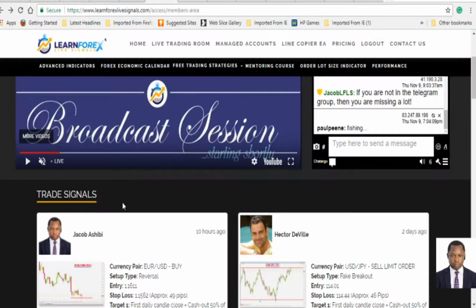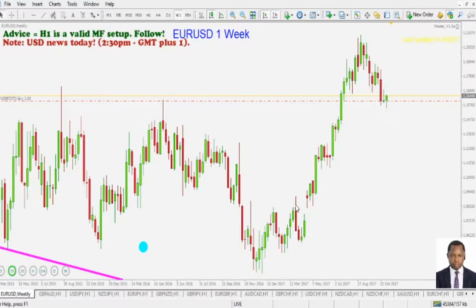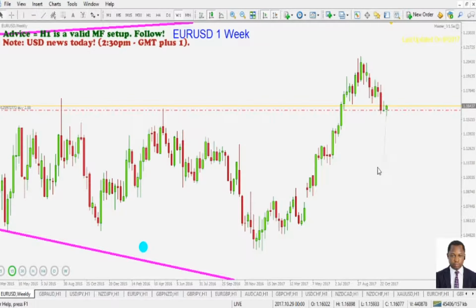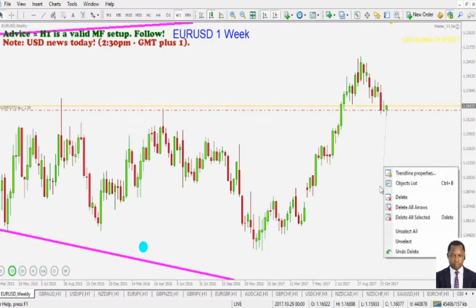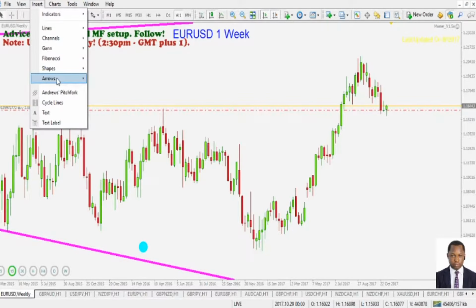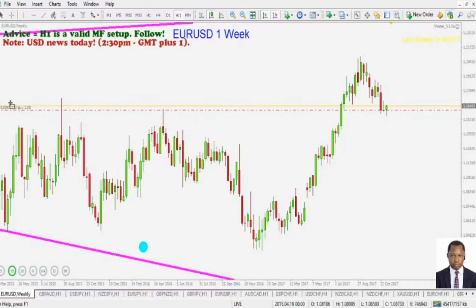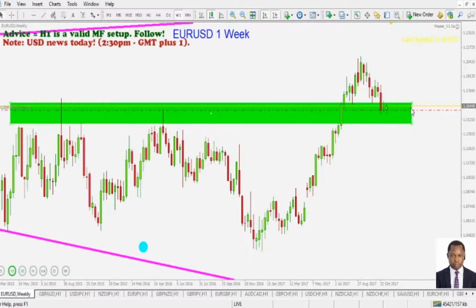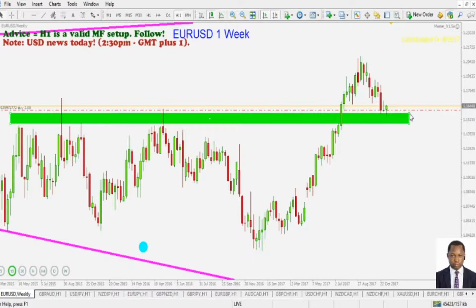Okay, so now let's look into the chart. Okay, this is the euro against the American dollar. We talked about this last week, where we cautioned about going short. We identified this whole area here as a possible area of support, and we cautioned about going short against that heavy area of support.